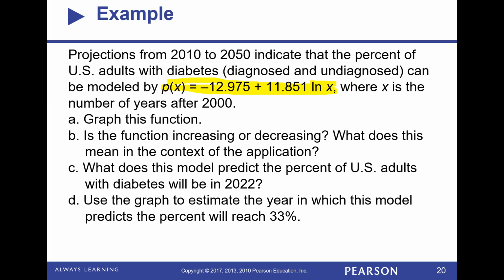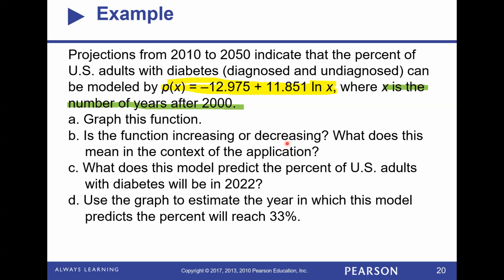Now x is the number of years after 2000. That is something else we want to make a really good note of. We're going to start by graphing it. With our graph, we're going to talk about whether it is increasing or decreasing, which is really helpful if we just look at the graph.